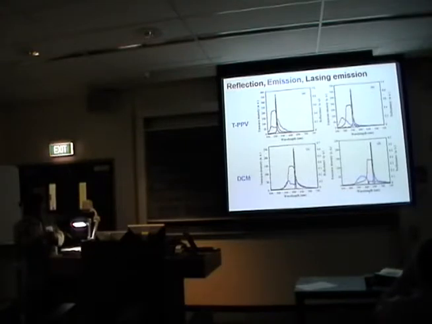Of course, the emission has a dip due to the reflection band, and with increasing excitation power, we finally have lasing emission like this. This is the case of PPPV, and this is for DCM.